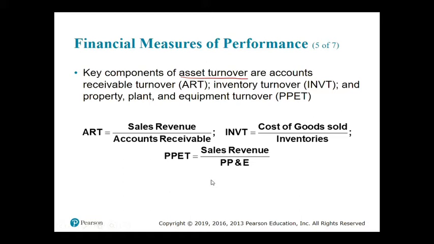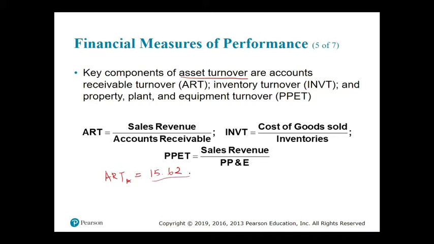So for Amazon, we have ART equal to 15.62.